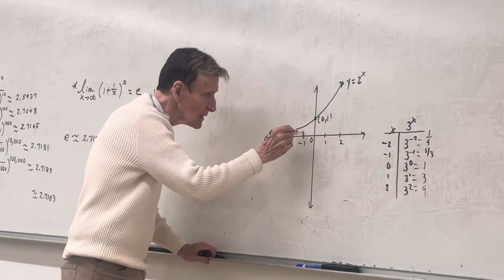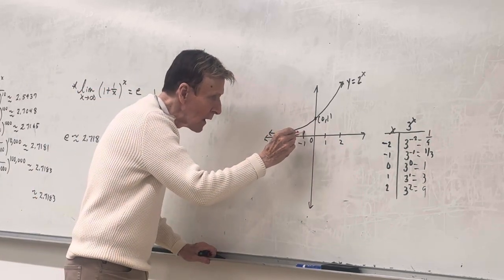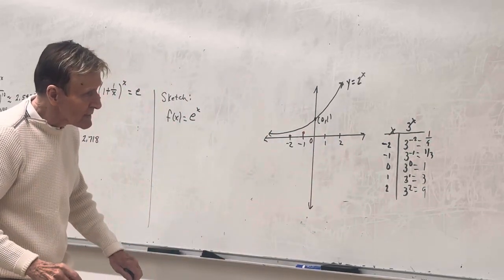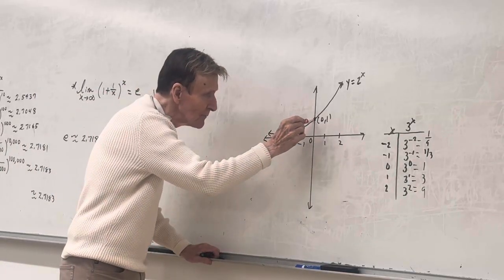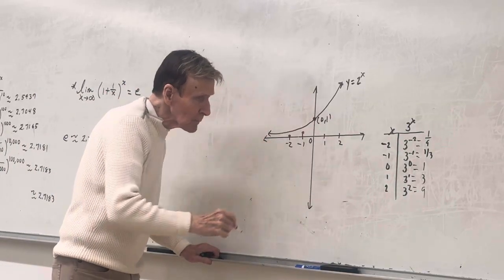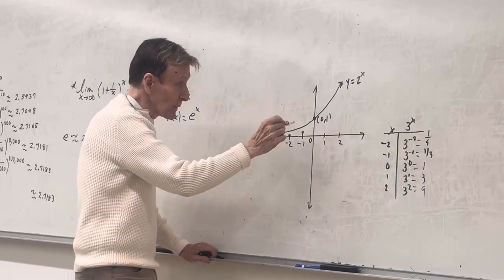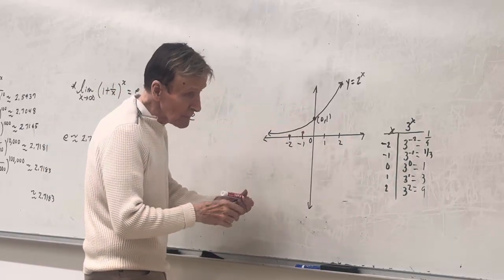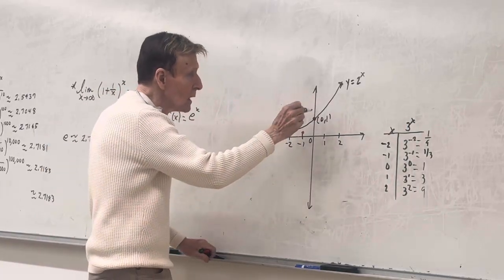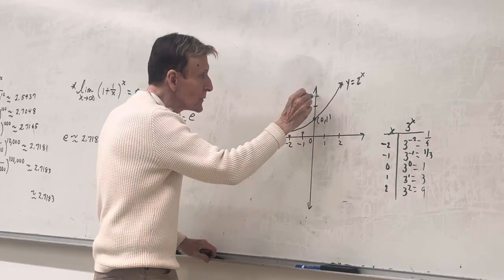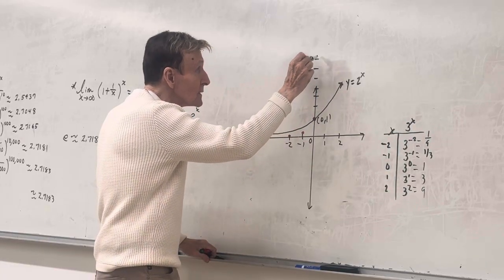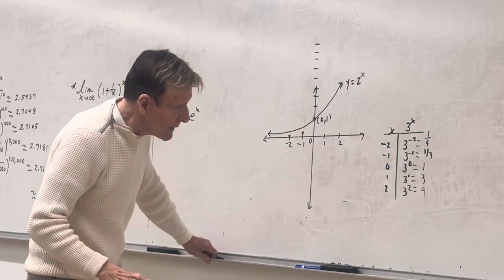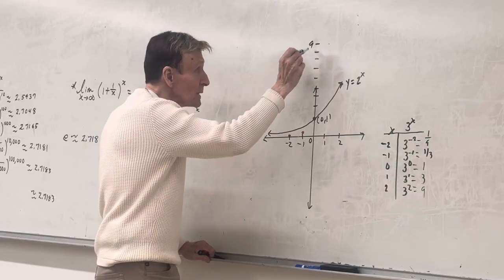Looks like it might be a little higher. 0 finally gets up to 1 from that table. 1 goes up to 3. I'm going to mark 3 and be ready for it. 1, 2, 3. I think the last one goes up to 9. I'm going to put it up there, guys.